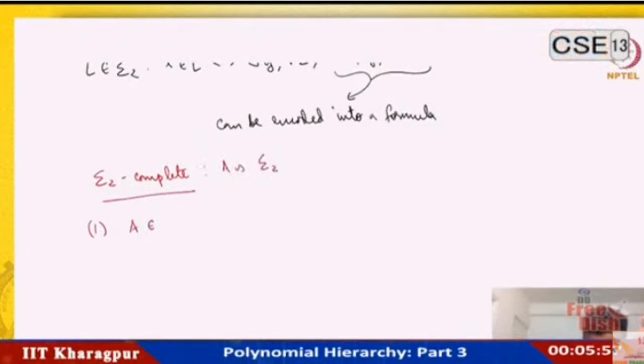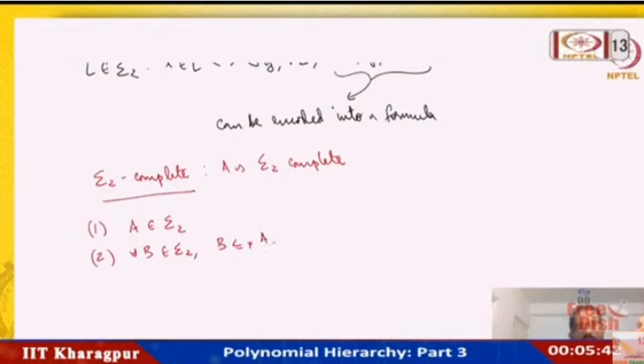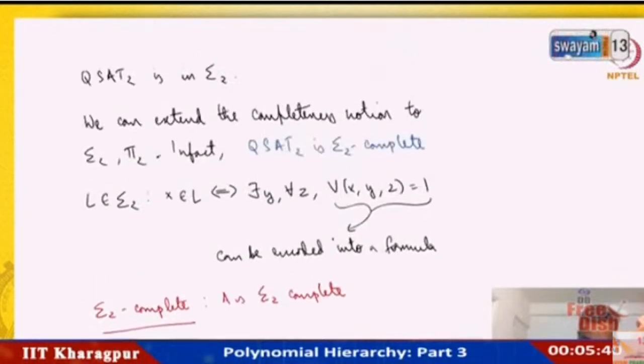A is sigma 2 complete if A is in sigma 2 and for all B in sigma 2, B reduces to A in polynomial time. So again, we use the same reduction, polynomial time reduction.